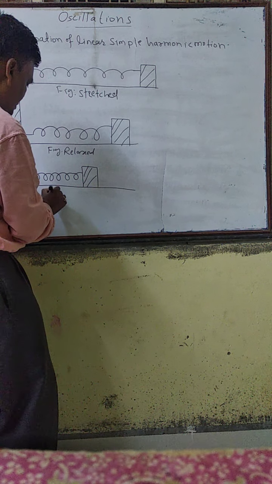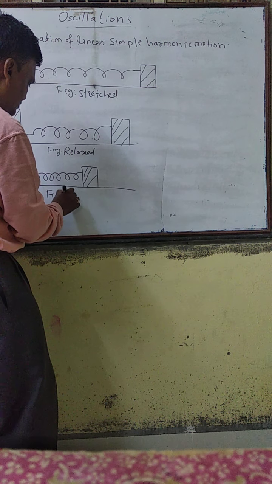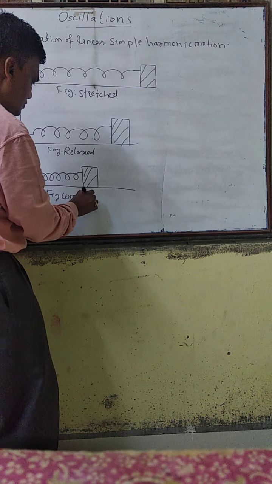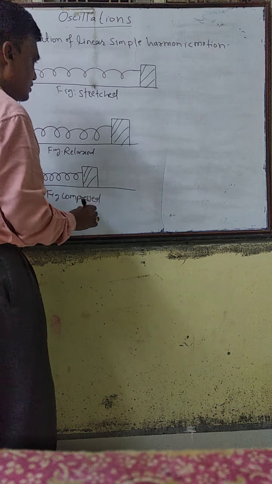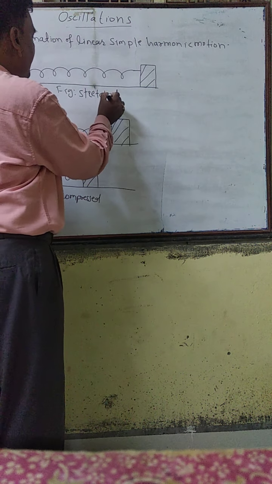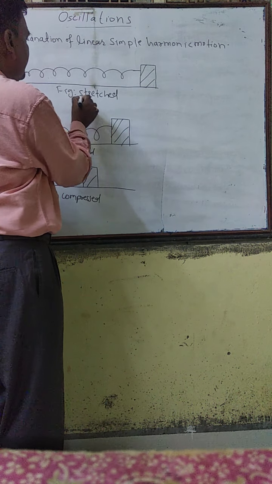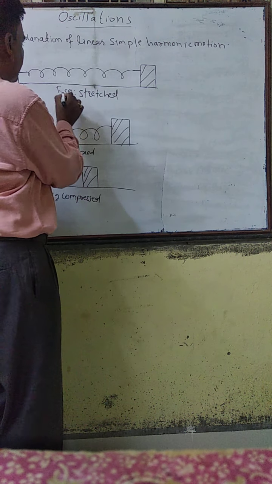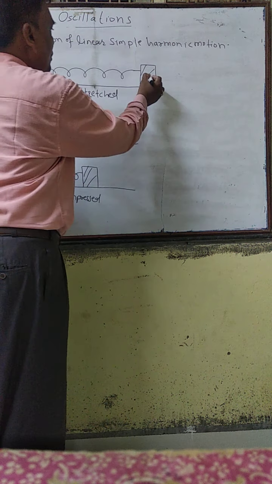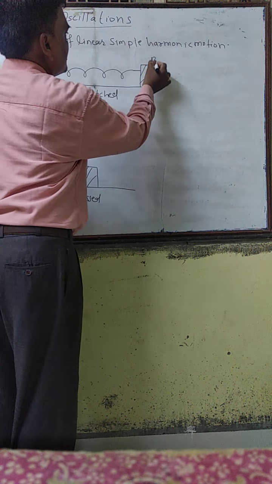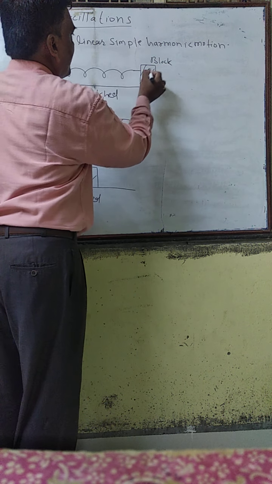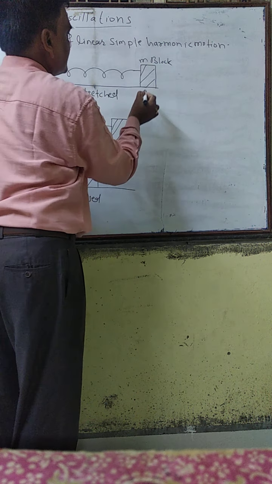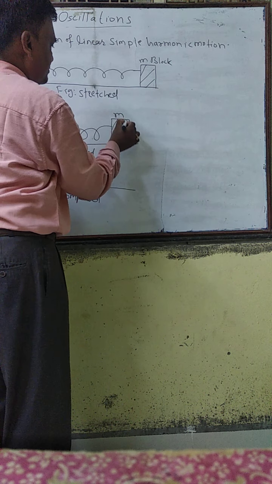And this is compressed. Now see here, figure A. Now this is the block of mass M.